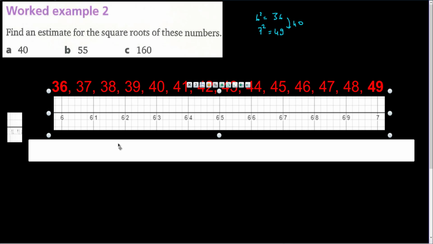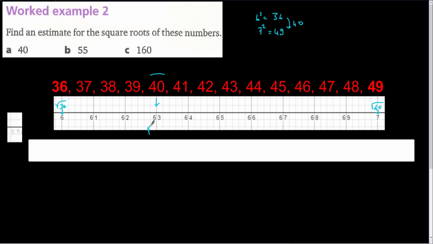So root of 36, as I said here, is equal to 6, and root of 49 is equal to 7. So the answers of these numbers should be between 6 and 7. And our question is 40, which is closer to 6.3.